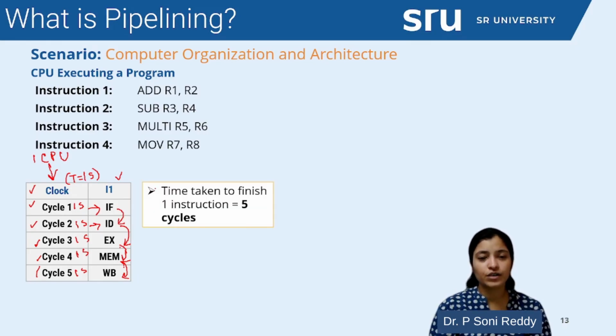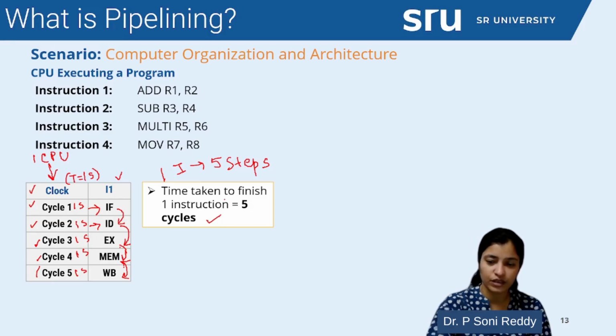One instruction is divided into 5 steps. Each step takes 1 clock cycle. So the total time for executing one instruction is 5 clock cycles. This is a very plain and simple, very basic explanation of this.